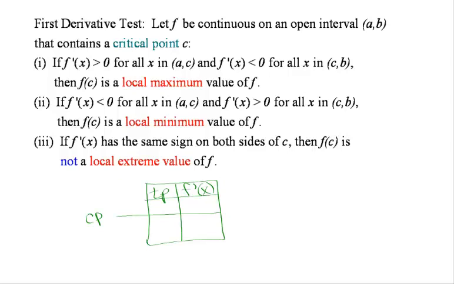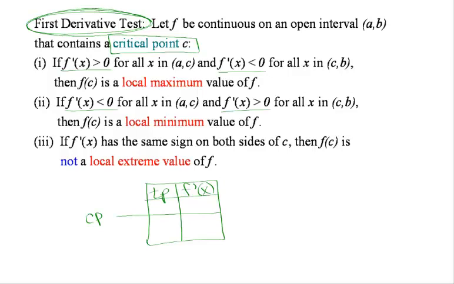Once we determine what's going on with the sign of the outputs of our derivative, we can determine whether we have a max or a min at our critical point value. This is called the first derivative test.